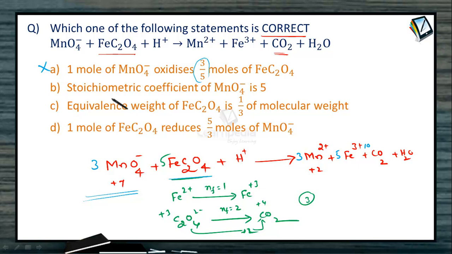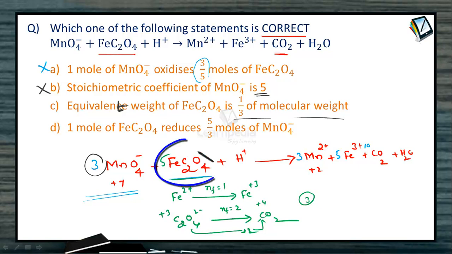And option B says stoichiometric coefficient of MnO4 minus is 5. But what we got is a stoichiometric coefficient of MnO4 minus of only 3. But here it is given as 5. So B is also wrong. Then what about C? Equivalent weight of ferrous oxalate is 1 by 3rd of its molecular weight. So we need to see the n factor.